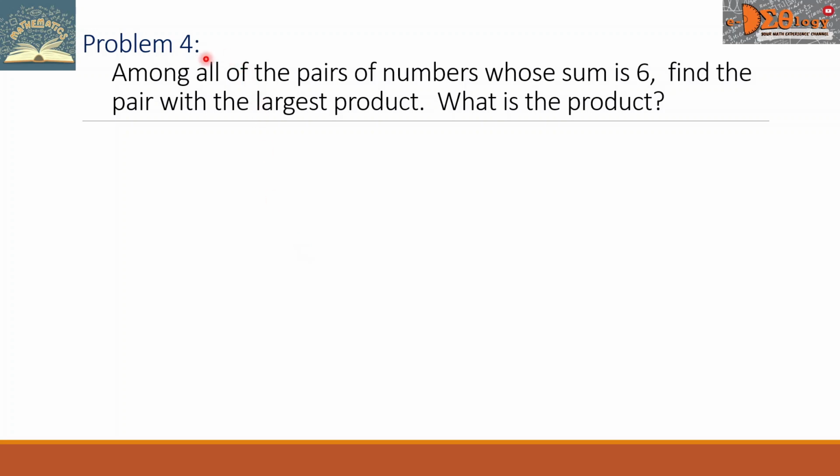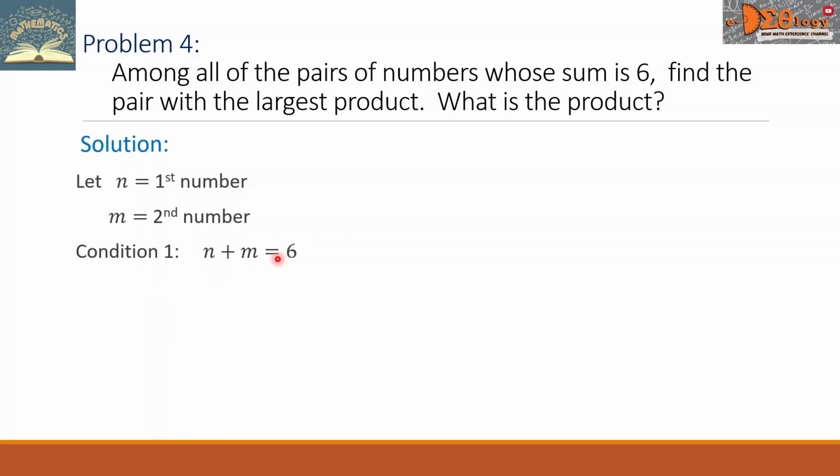Problem 4. Among all of the pairs of numbers whose sum is 6, find the pair with the largest product. What is the product? Here we have one pair of numbers, so we let n be the first number and m be the second number.